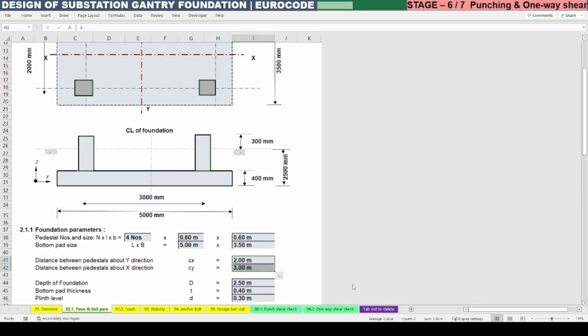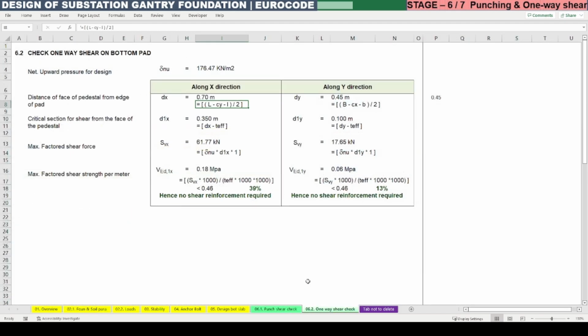So those we already considered here. Applying this in the equation, we are getting 0.7 meter in x direction, and dy is B minus cx, divided by 2. We are getting 0.45 meter.